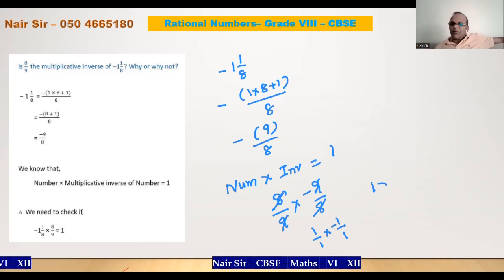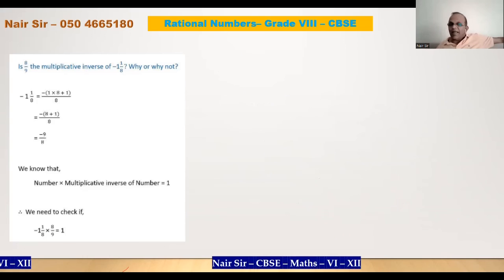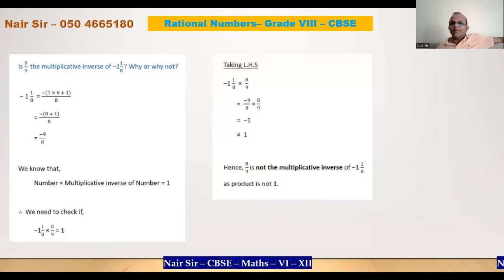And that is nothing else but minus 1 upon 1, and that is equal to minus 1. The multiplicative identity is what? 1, not minus 1. Therefore, this is not the multiplicative identity.